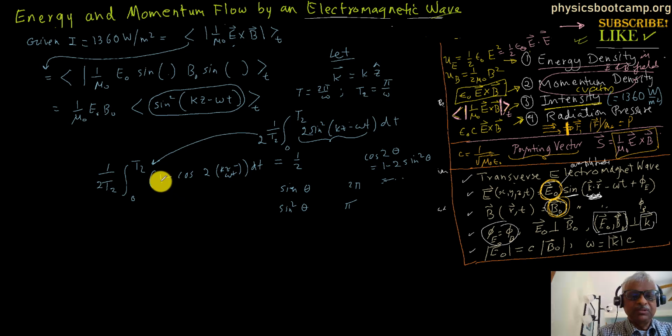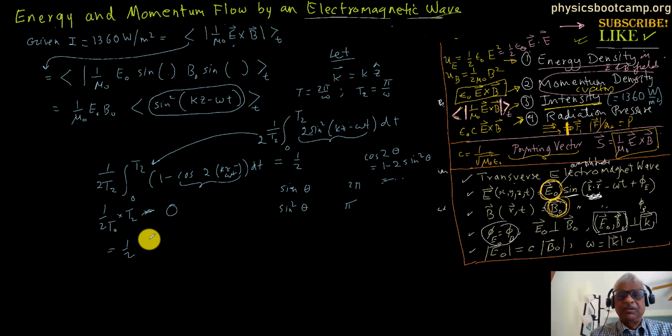This one just gives me 1 over 2, and the cosine term gives 0, because cosine over a whole period gives you 0. So this whole thing will be half.